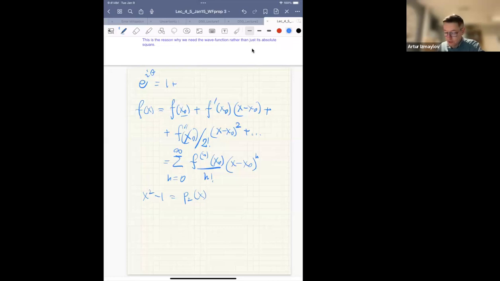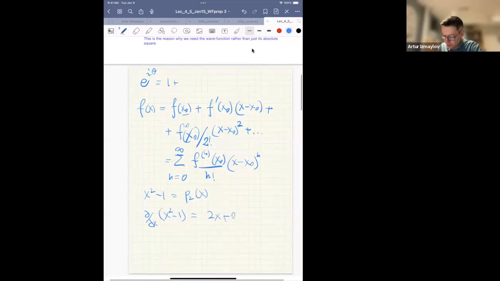If you differentiate it more than 2 times, you get 0. When we differentiate d over dx of x squared minus 1, the first time will be 2x plus 0, and then twice will give us just 2, and 3 times will be 0.